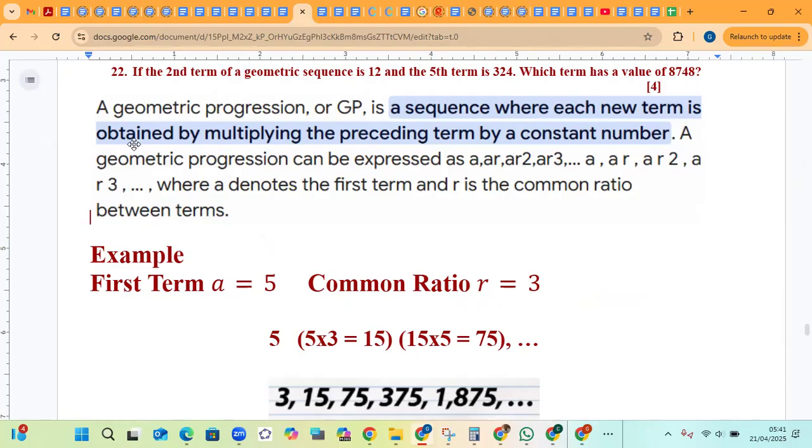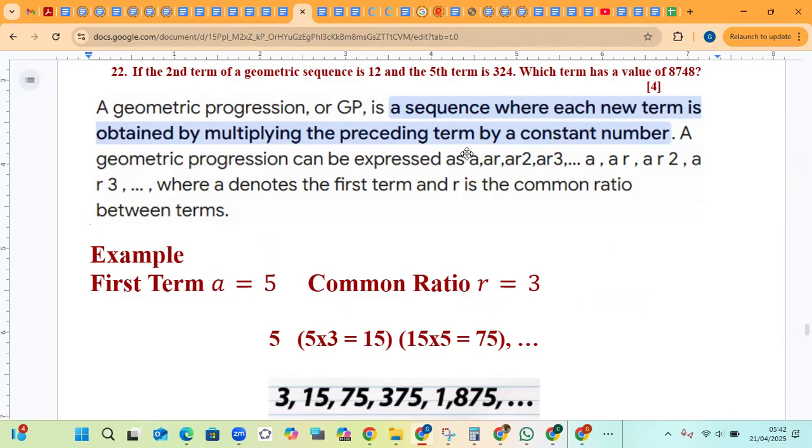So here it talks briefly about a geometric sequence or progression. A geometric progression, or GP, is a sequence where each new term is obtained by multiplying the preceding term by a constant number. Whereas in an arithmetic sequence you add a constant number, in a geometric sequence you multiply by a constant number.